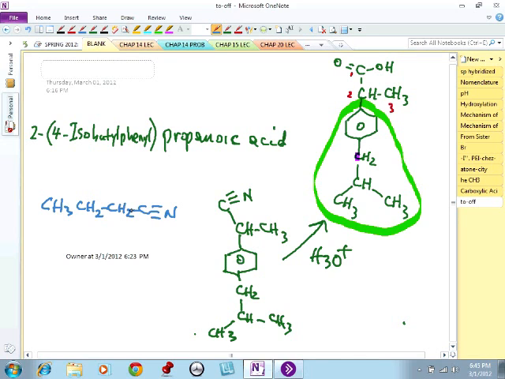And in this case, what is the longest carbon chain? 4. So you start counting from this carbon here, 1, 2, 3, and 4. Now to name this, you give the complete name of the corresponding alkane, so this becomes butane.